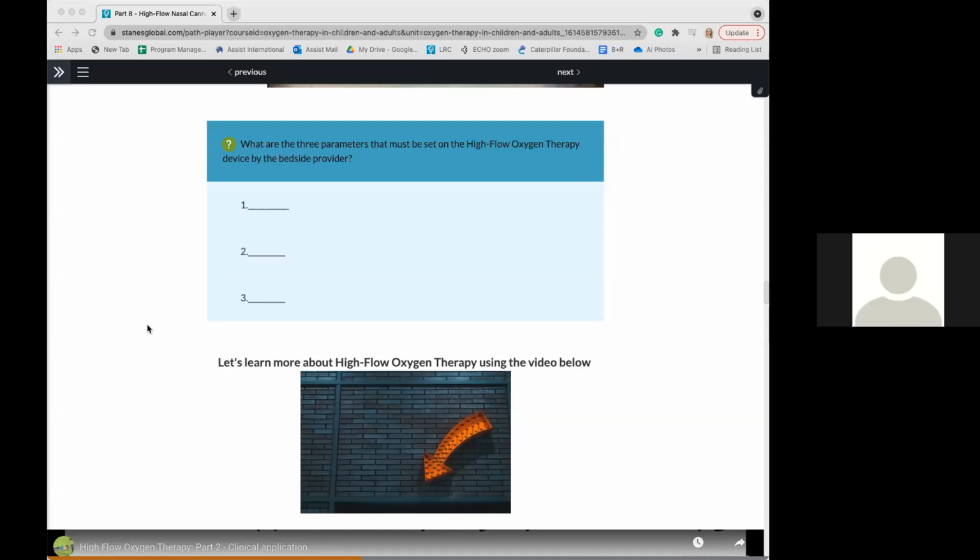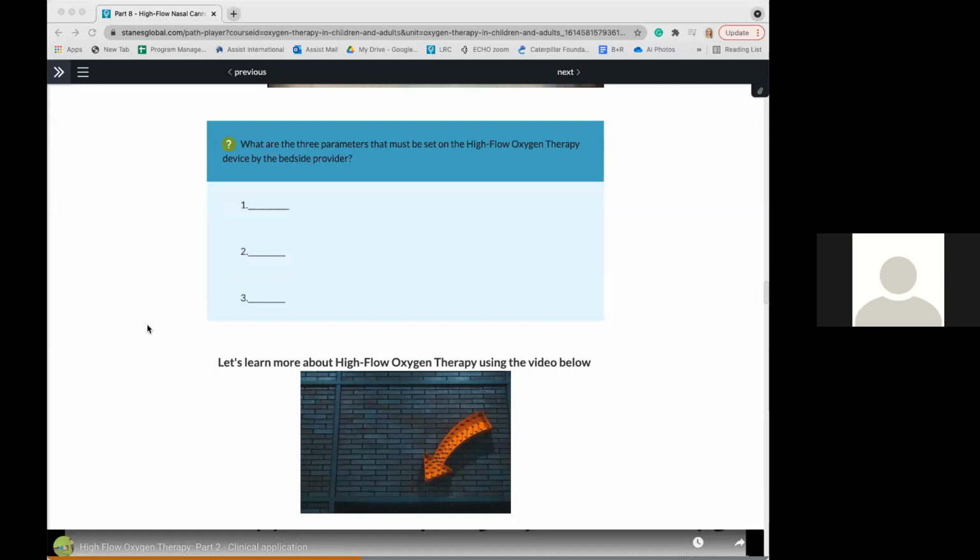So you have the flow rate. The next very important parameter that you can adjust is the FiO2, which is the fraction of inspired oxygen or the percentage of oxygen available for the patient. So this will range from 21 to 100%. So you can adjust between those two parameters.